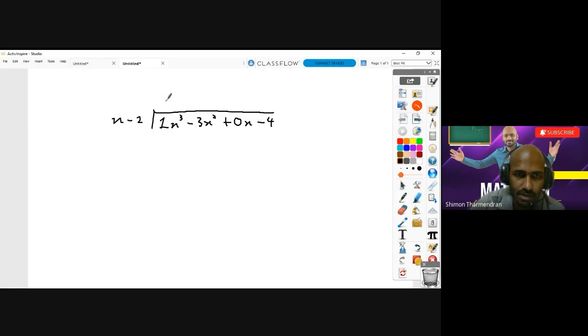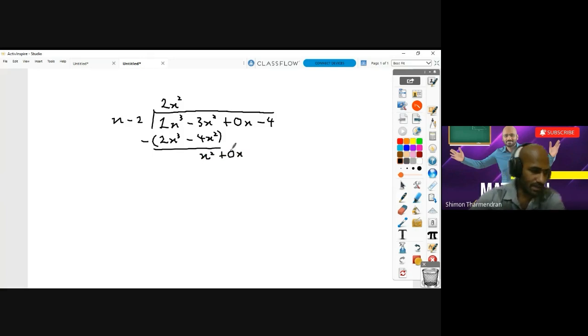So I want to kill off the 2x cubed. I put a 2x squared here. So we have 2x cubed minus 4x squared. Do not forget, as usual, open the brackets. Minus 3 minus minus 4, I've got x squared plus 0x here. So to get an x squared, I'm going to put x.